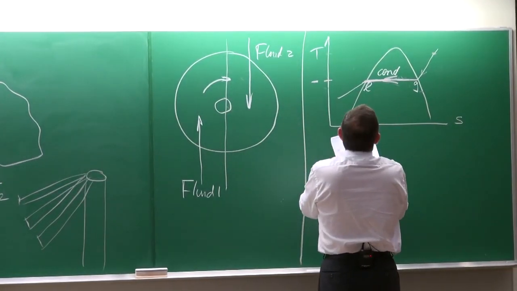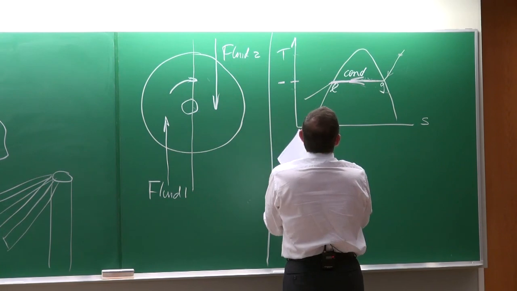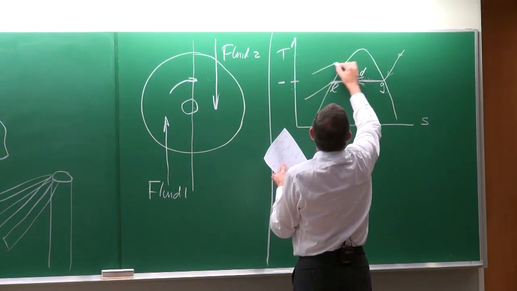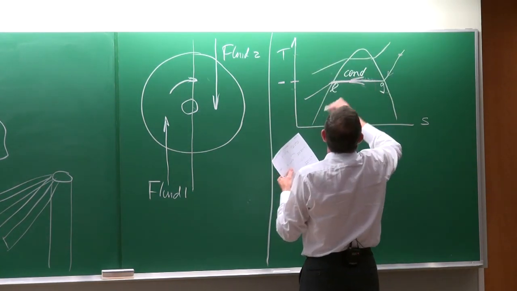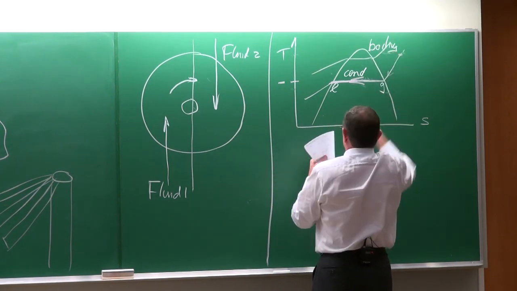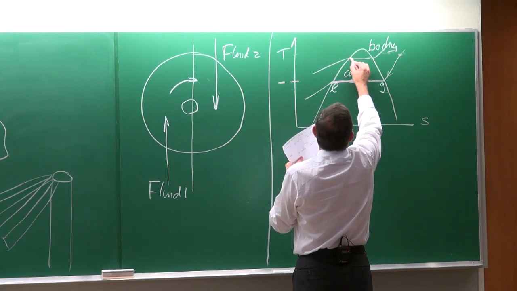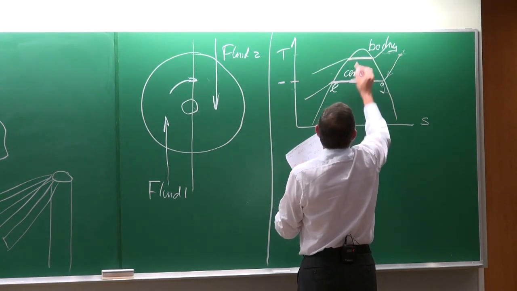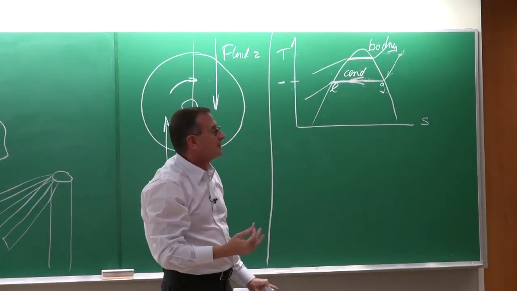For boiling, I'm just going to obviously, yeah, let's rather draw it there. So for boiling, it's going to be there like that. And again, the temperature is going to remain constant.